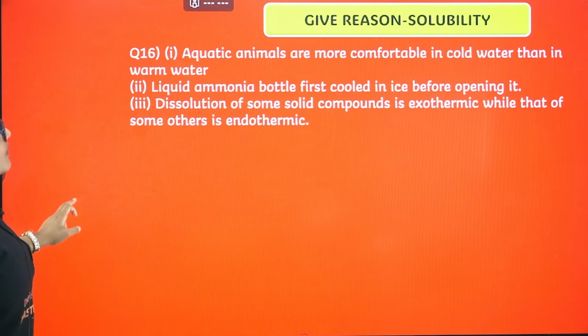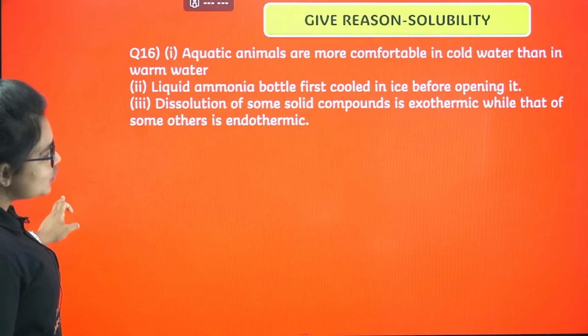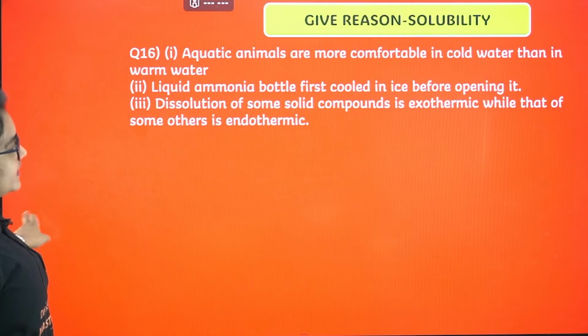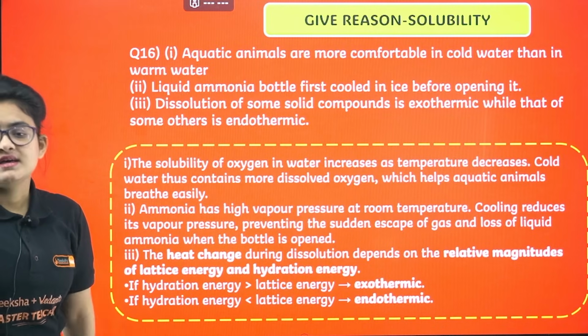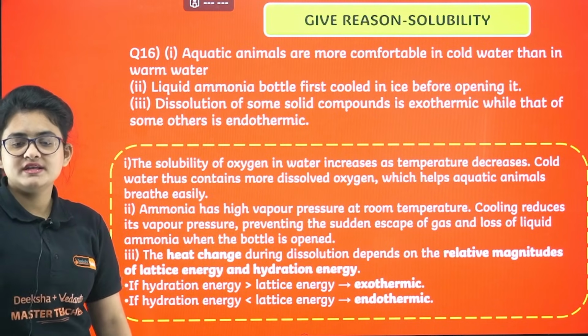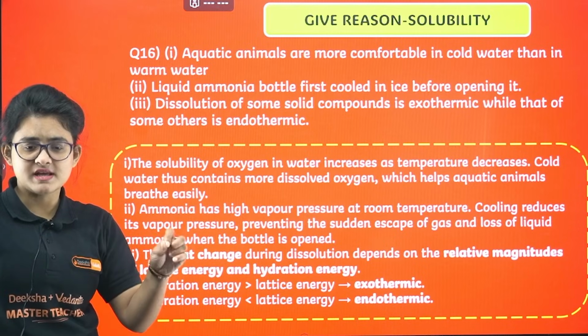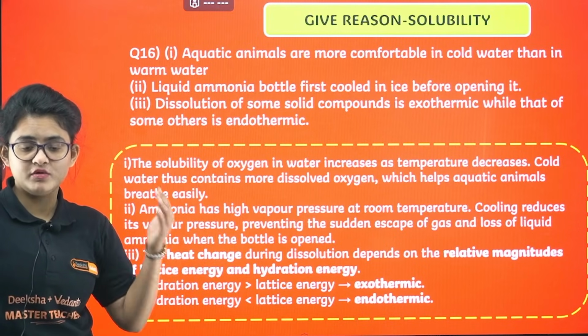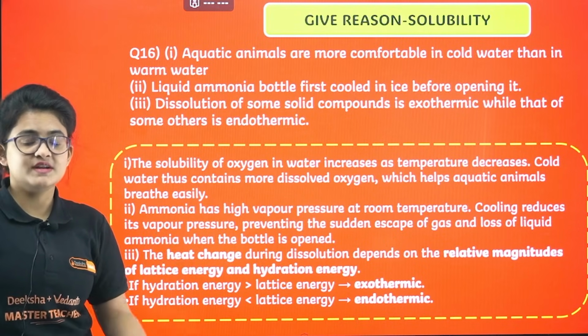Next, a liquid ammonia bottle is first cooled in ice before opening it. Ammonia has high pressure at room temperature because it is very volatile.